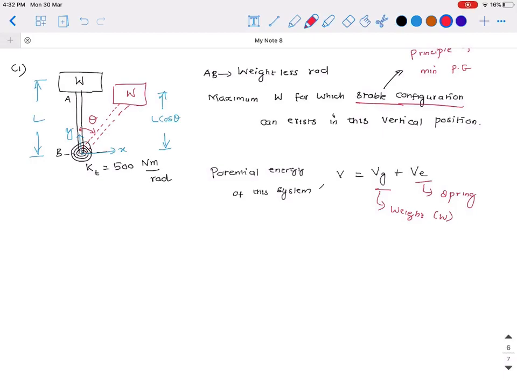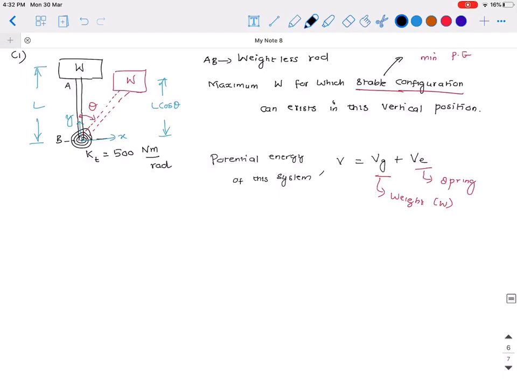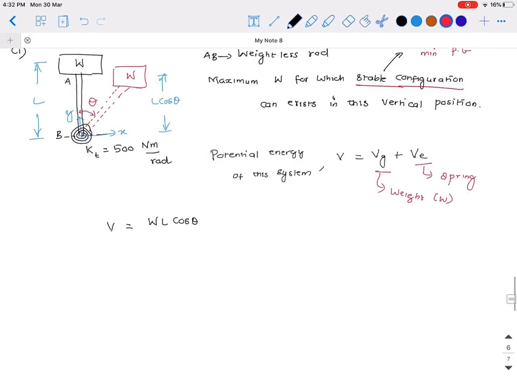The weight of rod AB is neglected. So the gravitational potential energy is W L cos theta, plus the elastic potential energy stored in the spring, which is half kT theta square.